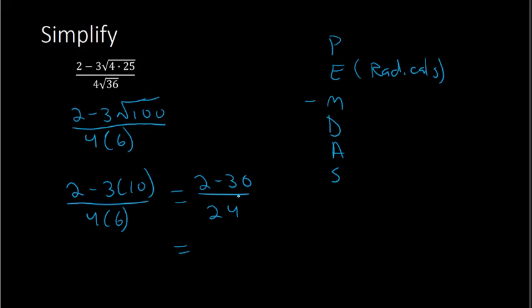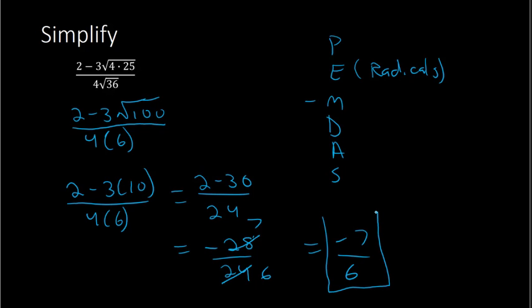And then on the top, we can subtract 2 minus 30 to get negative 28, and that's over 24. I can divide the top and the bottom by a 4. 28 divided by 4 is 7. 24 divided by 4 is 6. So I have negative 7 over 6. So this would be my simplified form of the original expression.